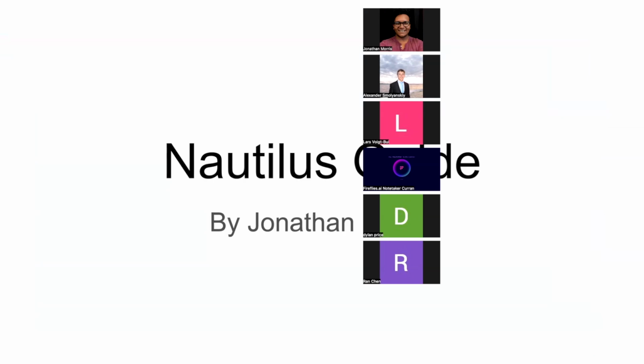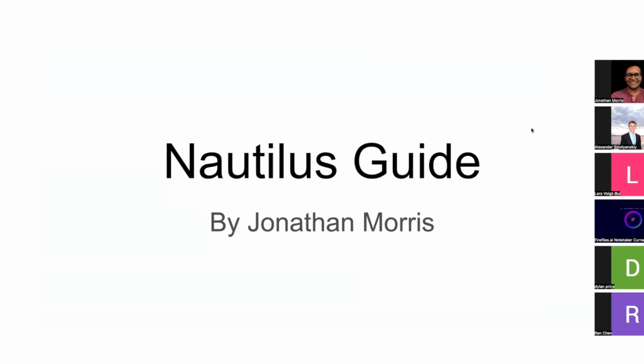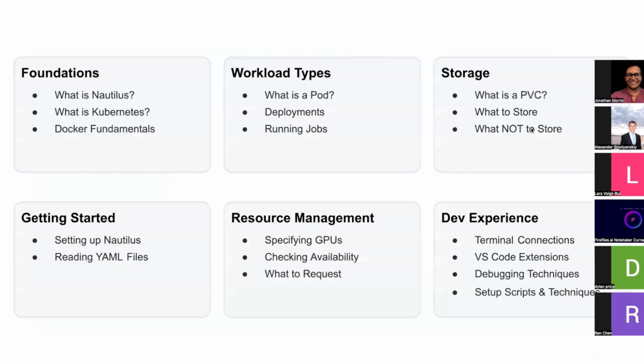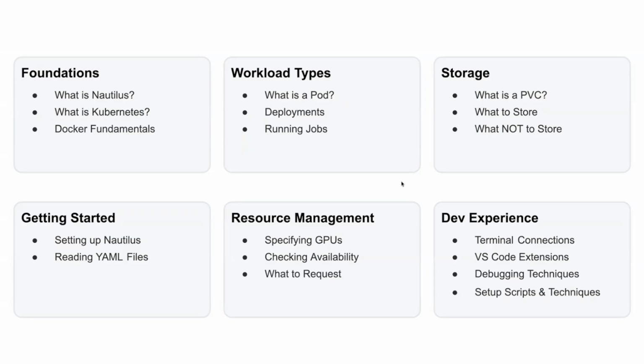We're going to be talking about Nautilus, and in this presentation, I'll talk about what is Nautilus, what is Kubernetes, what is a pod, what are deployments, talking about how to store data in Nautilus, then getting started, like reading the setup scripts and the YAML files, and also specifying GPUs and knowing what's available.